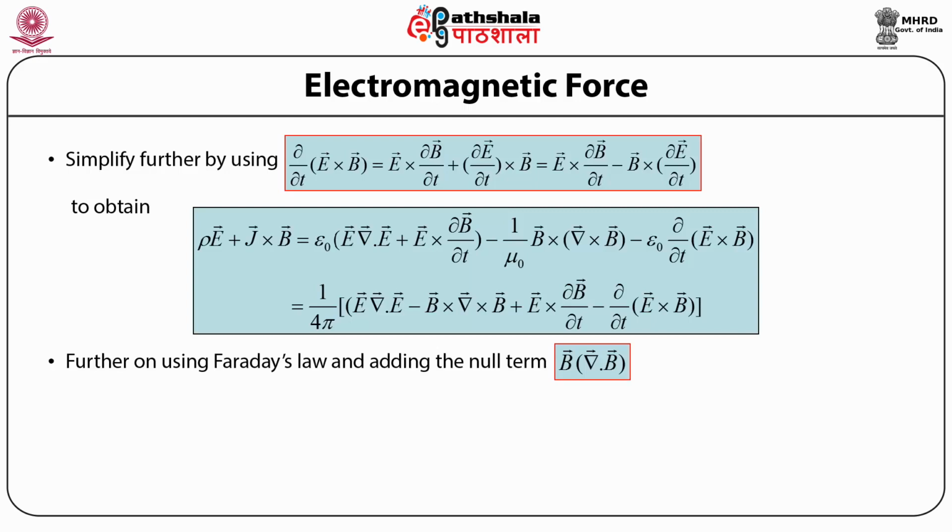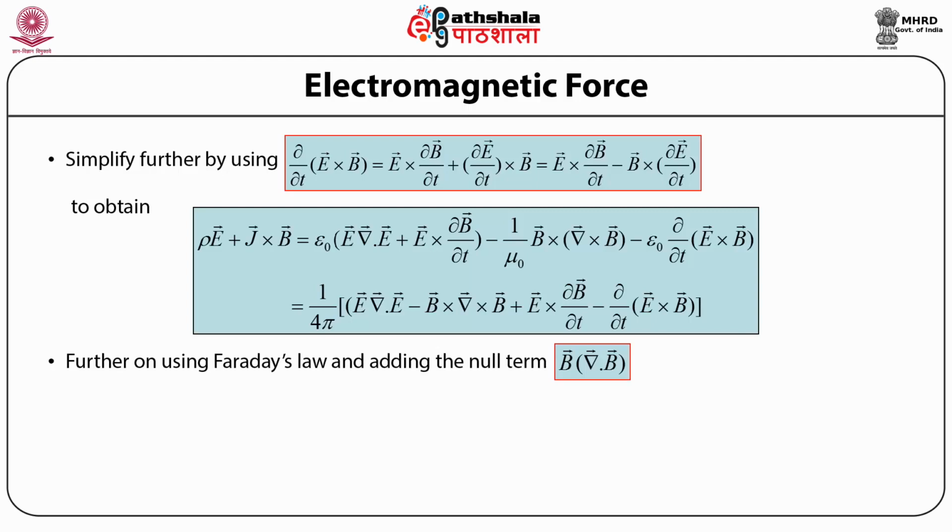So adding this term to the above equation will not affect the equation in any manner. And we use Faraday's law of electromagnetic induction over here to replace the partial derivative with respect to time of the magnetic field induction vector B in terms of the curl of the electric field vector E.